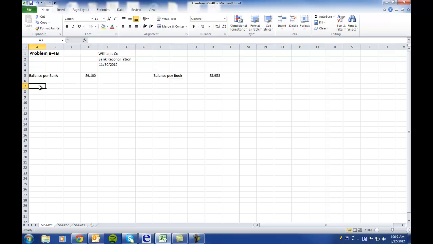So what we're going to do is start off with the bank side. So at the top of page 405, it lists the information from the bank statement. And then below that, it lists the information from the company's books. So what we want to do, and this is also in your book on page 384, there's a chart.